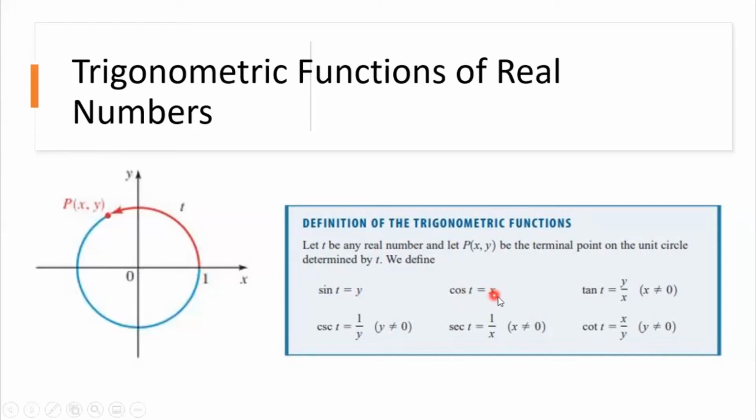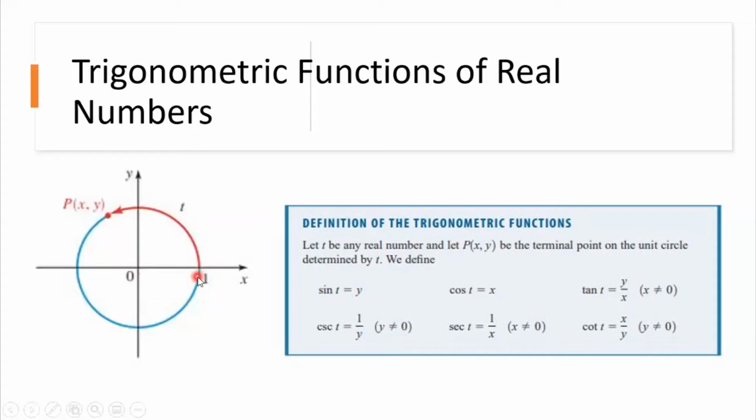Now how about tangent t? Tangent t is defined as y over x. Let us use the 0 angle, in radians. So for example, tangent 0 means y over x. So what is our y here?